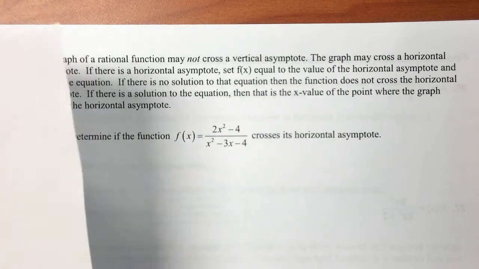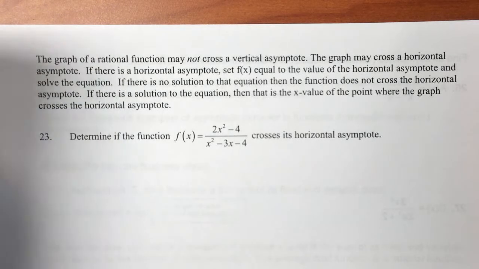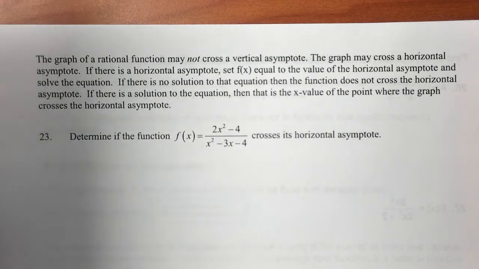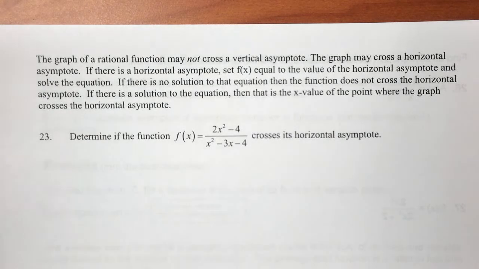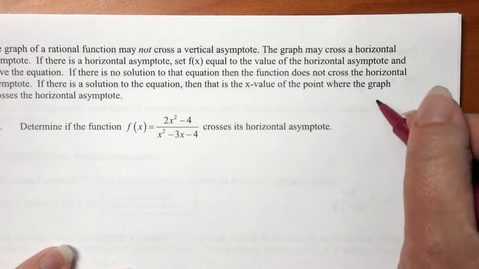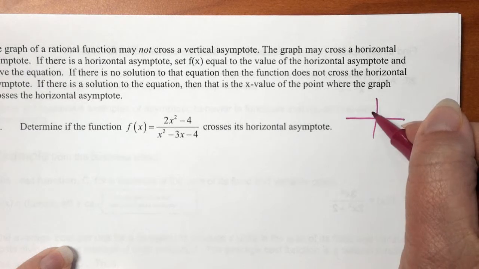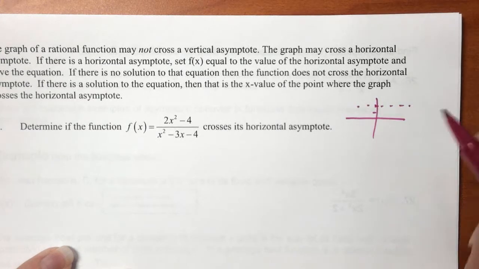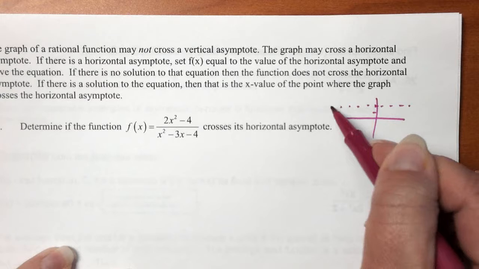All right, so remember, a vertical asymptote is a little imaginary vertical line that the graph cannot cross. Okay? A horizontal asymptote for a rational function is a horizontal line, and typically it's more about end behavior.